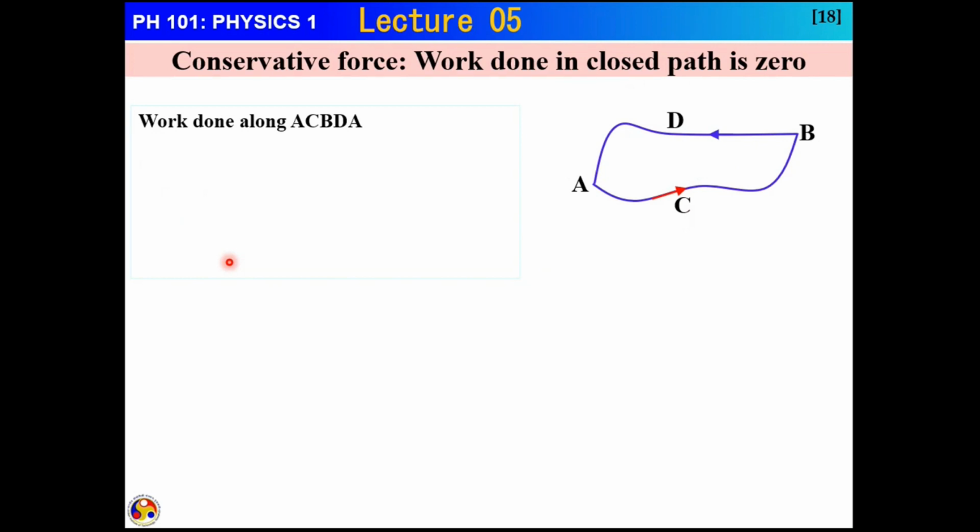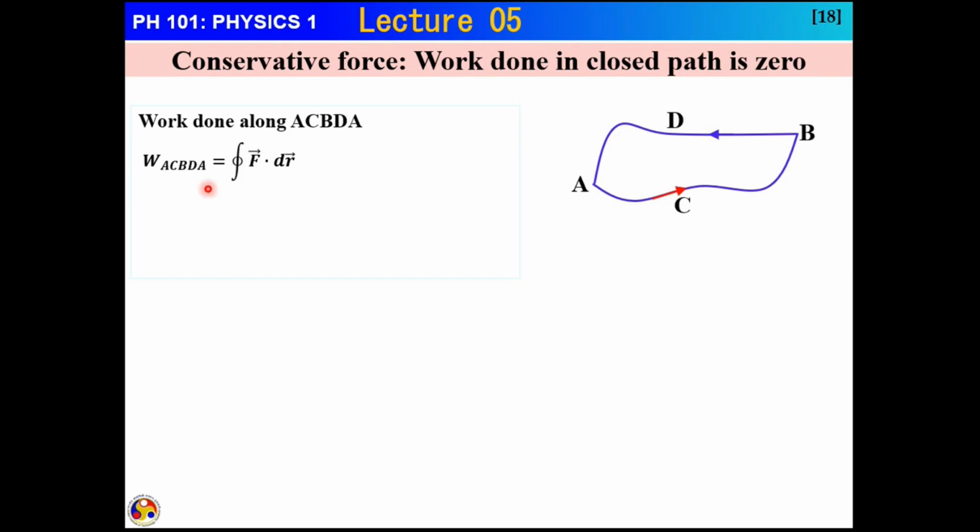Another interesting point is that if you calculate the total work done by the force for a closed loop, then the total work done will be 0. And how is it possible?